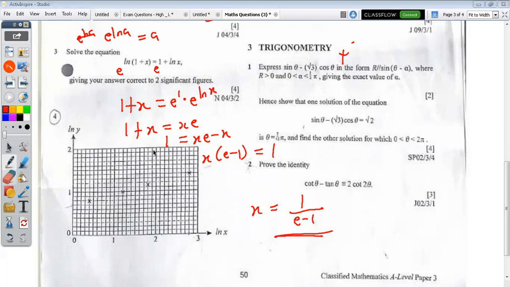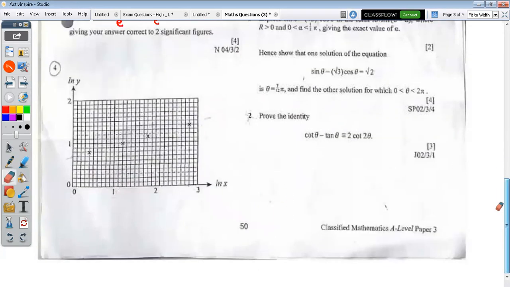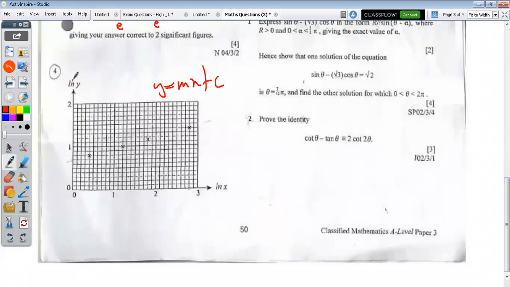So the next one is number 4, which looks like a graph. So remember, a graph is a straight line. You can tell we are thinking of y is equal to mx plus c, because we are seeing a straight line, but we are not told where it's going to touch. But we've got ln y here. Remember, if your graph is y against x, that is where we formed this.